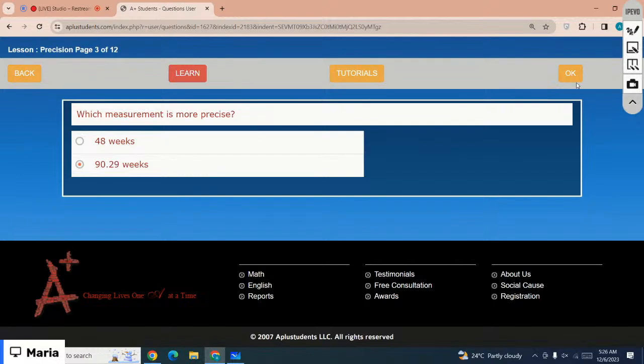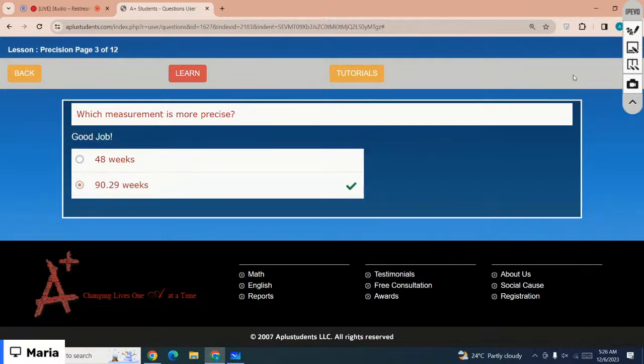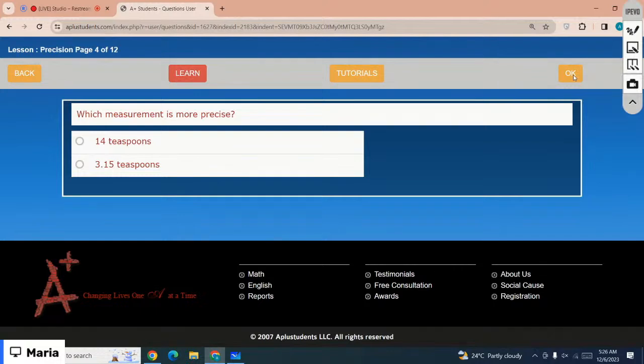Okay, the next one is, which measurement is more precise, 14 teaspoons or 3.15 teaspoons? Which is the correct option, which is more precise? 3.15 teaspoons is more precise, right?